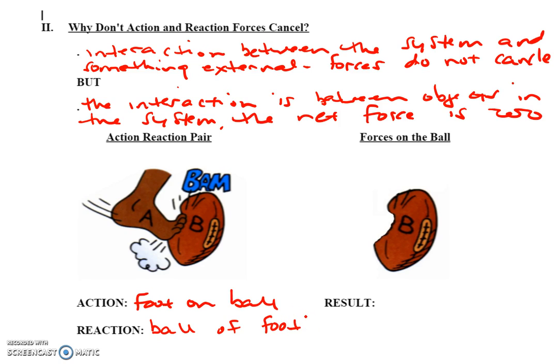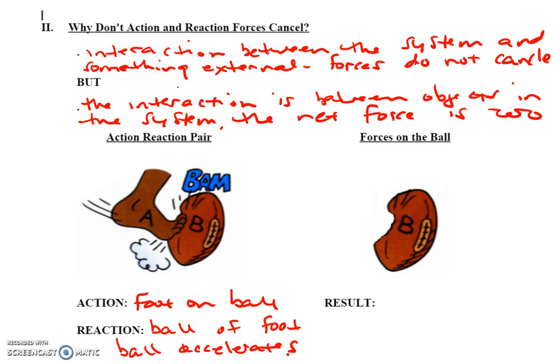But in this case, our system is the ball, and the foot is something external to that system. So when the foot acts on the ball, it's going to cause the ball to accelerate. And when the ball accelerates, that means our net force is not 0.